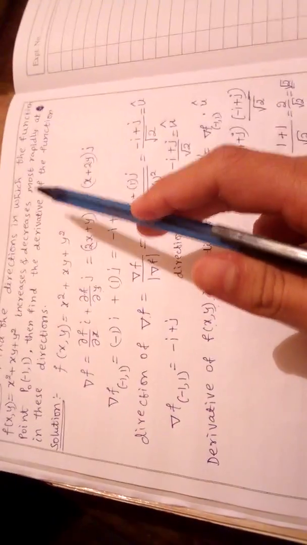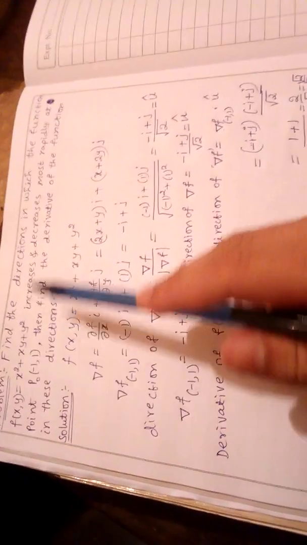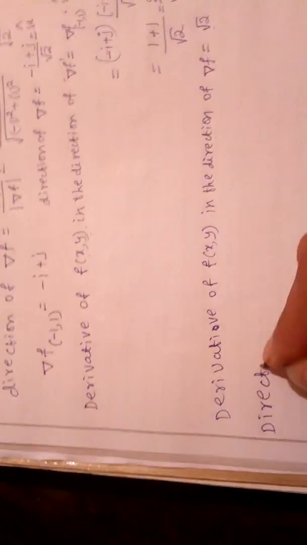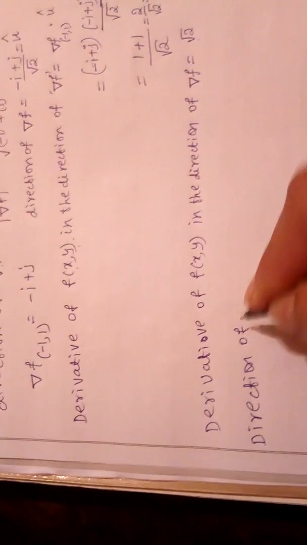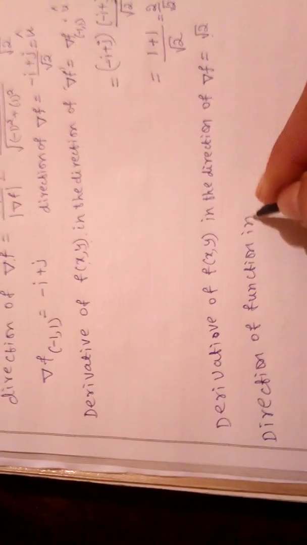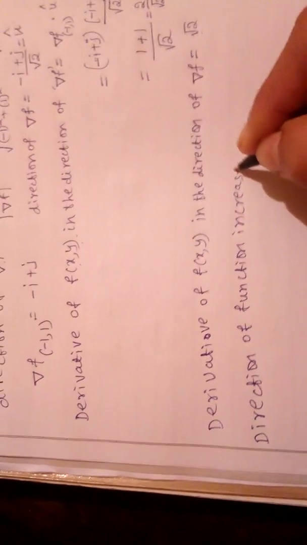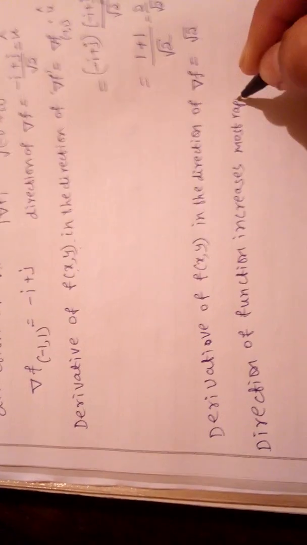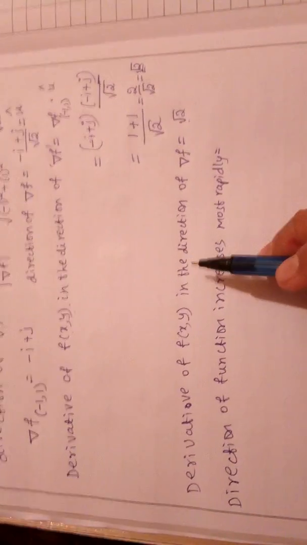In the question they have asked to find the directions in which the function f increases and decreases most rapidly. The direction in which the function increases most rapidly is the direction of the gradient vector.